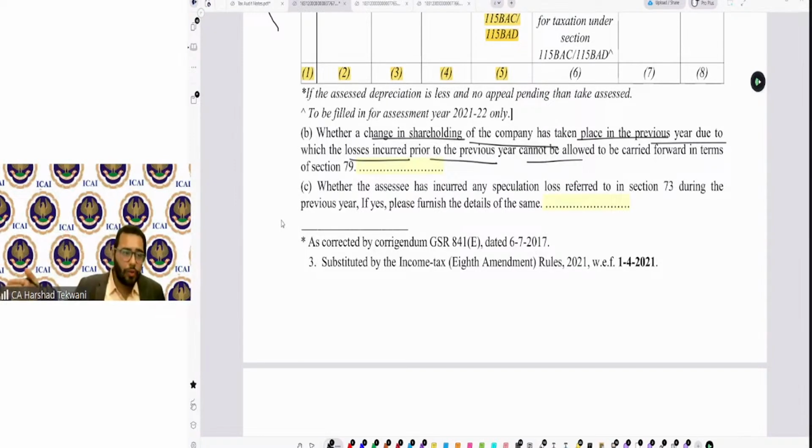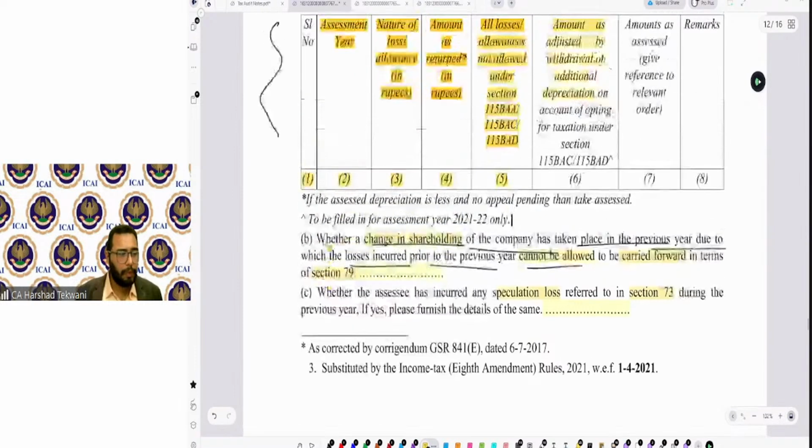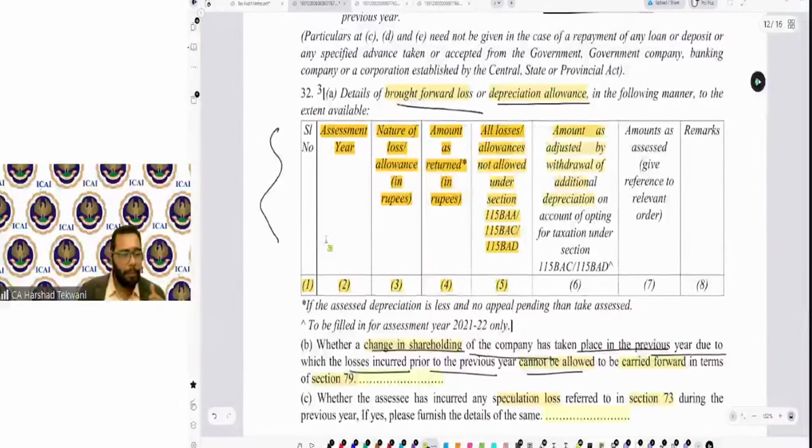Means if any loss was there which was supposed to be carried forward, but now we cannot carry forward because there is a change in the shareholding, and that loss incurred in the previous year cannot be allowed to be carried forward because of change in the shareholding under section 79. And 32C talks about speculation loss referred in section 73. So that is 32, brought forward losses.